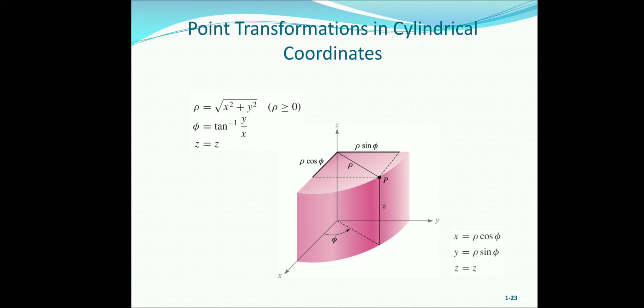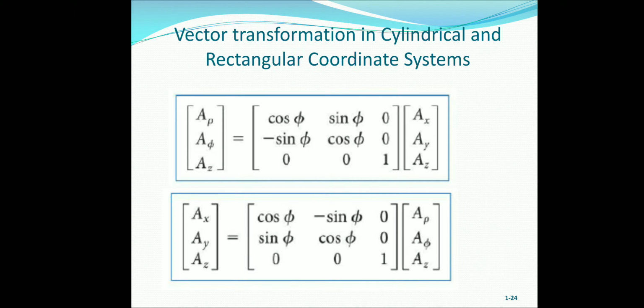And for the inverse relation, we take equations 1 and 2, square them and add. Then you will get rho as root of x square plus y square. And divide equation 2 by equation 1, that means y by x equal to tan phi, or phi is equal to tan inverse y by x, and z is z itself.